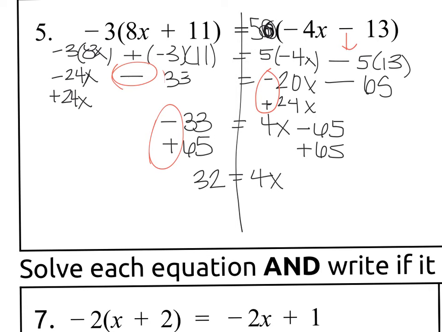You're almost home free. All you got to do is what? Divide by 4 on both sides. 32 divided by 4 is your final answer, and that is 8. Nice work.